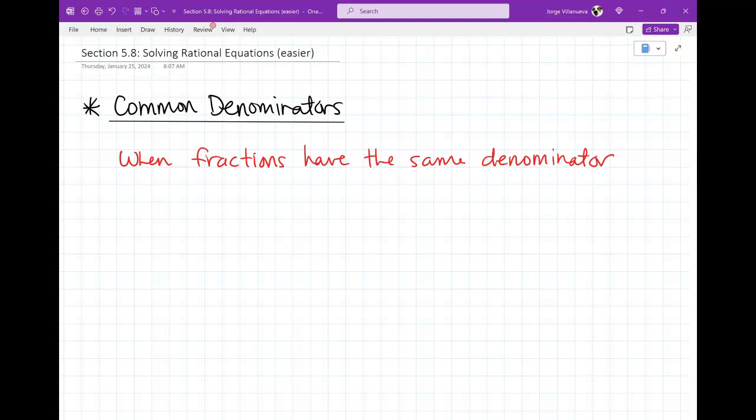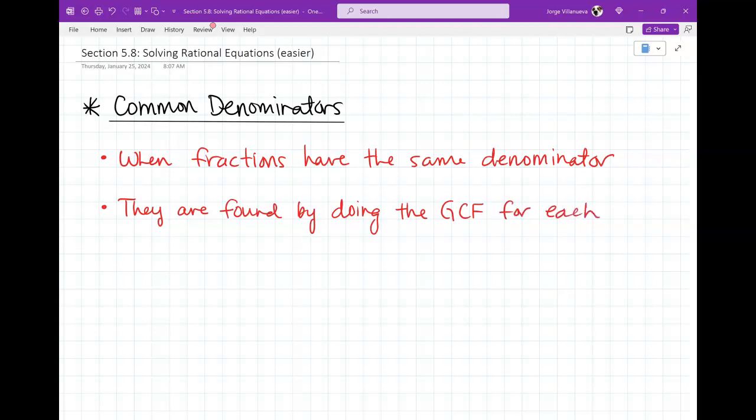Now, the way we're going to find them, they are found by doing the GCF for each denominator. Now, that's when it gets complicated, okay? So I'm going to try to teach it to you guys in a different form.